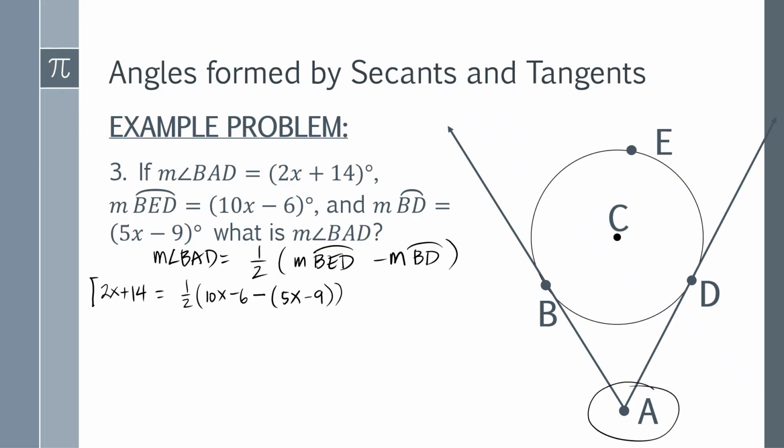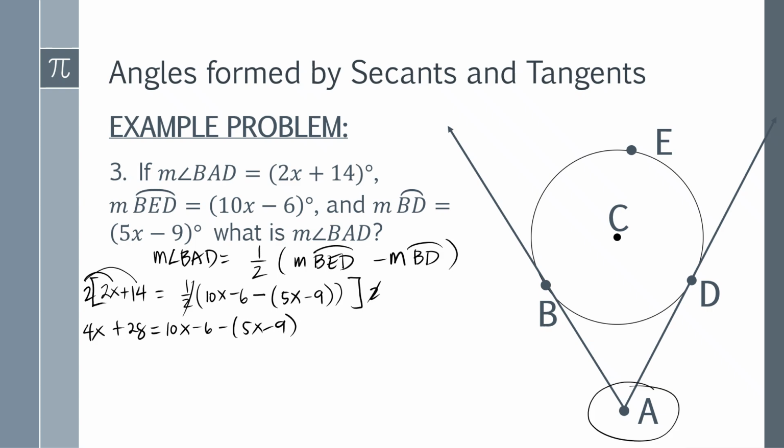Now, since there is 1/2, you have to multiply both sides by 2 so that you can get rid of the 1/2. Therefore, we have here 4x plus 14 times 2, which is 28, equals 10x minus 6 minus 5x minus 9.